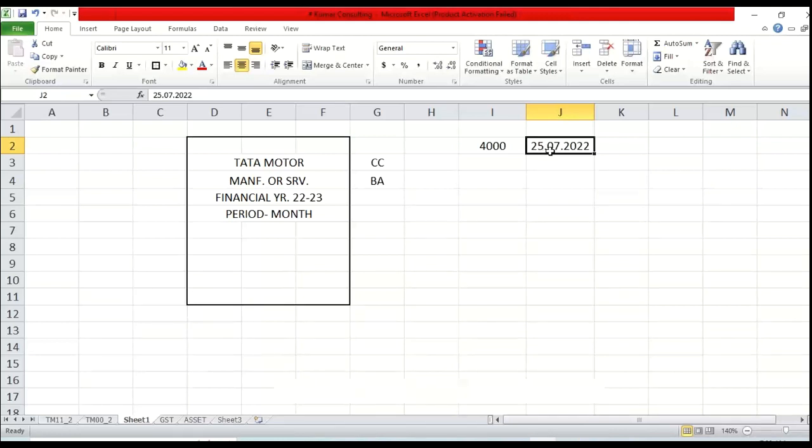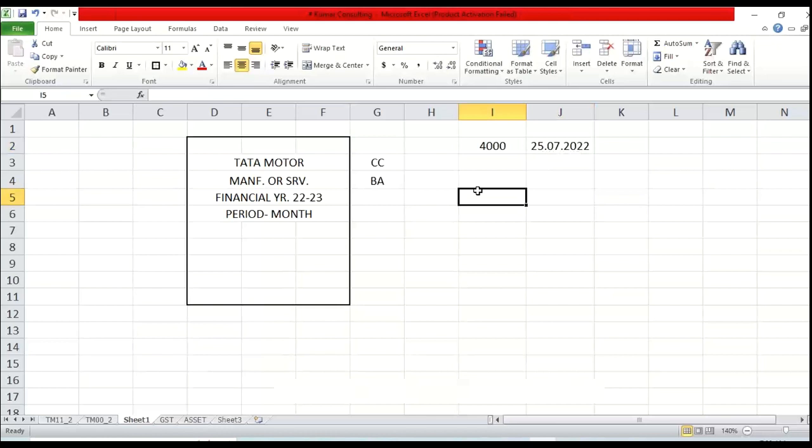Let's suppose the corporate office of Tata Motor is on lease, on rent. So every month what is happening, guys? We are receiving a rent related invoice from a particular vendor. Whoever the builder is, is going to send an invoice related to rent.